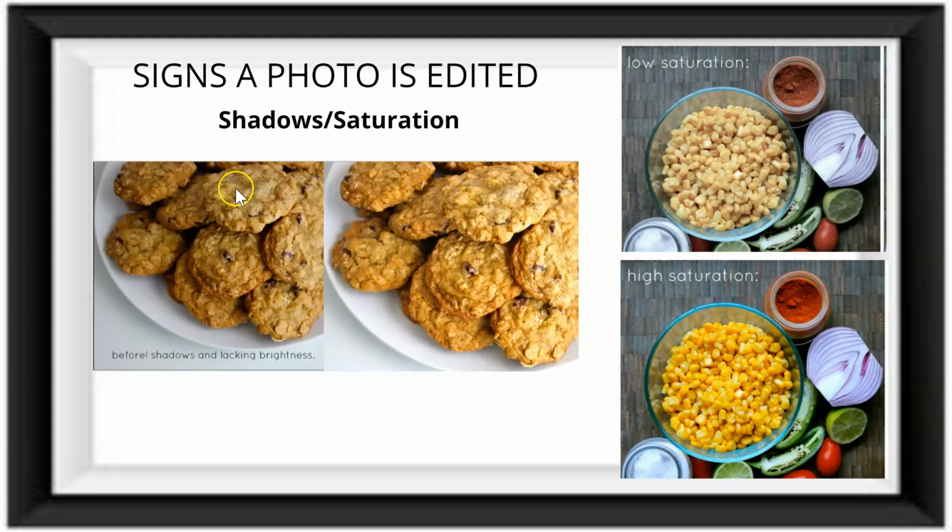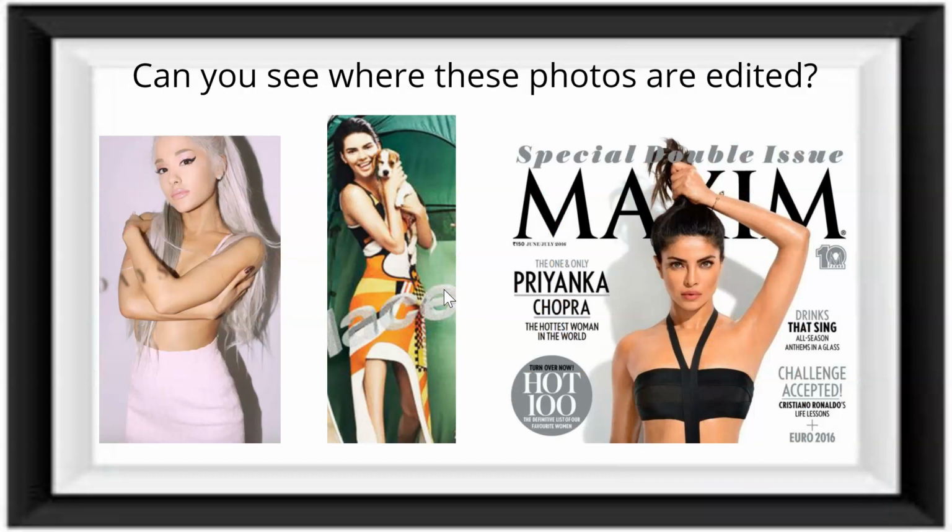We have some excellent examples here of the normal picture of cookies versus the edited picture of cookies, and the normal low saturation picture of some veggies here, and the high saturation. Obviously, the high saturation picture is going to look much more appealing with these shiny kernels of corn and this deep red, what is that? Some kind of paprika or something. And this onion with its perfectly purple lines. Yeah, just another editing tool.